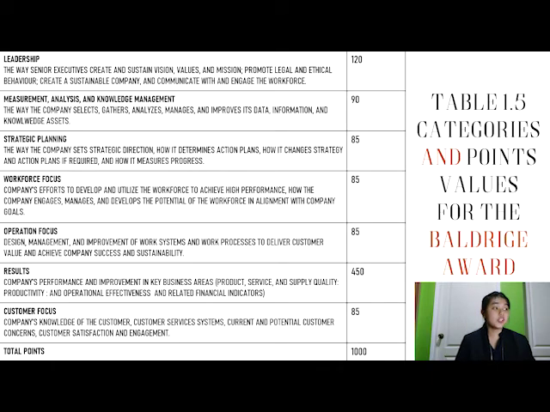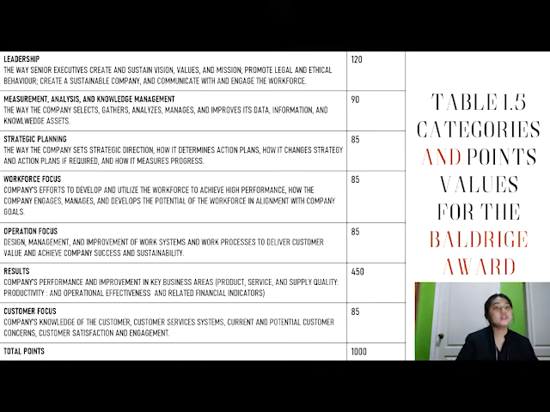Figure 1.5 shows the categories and point values for the Baldrige Award. For 100 points, leadership: it is how upper management leads the organization and how the organization leads within the community. For 90 points, measurement, analysis, and knowledge management is how the organization uses data to support key processes and manage performance.